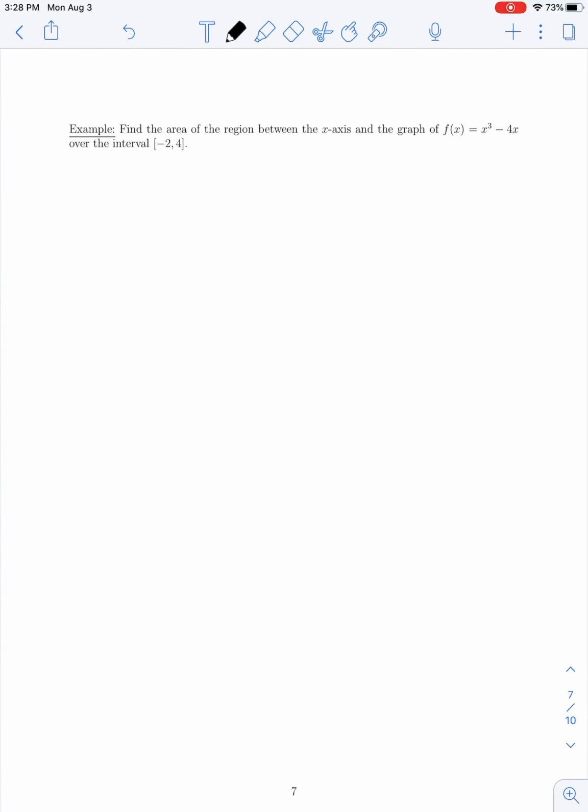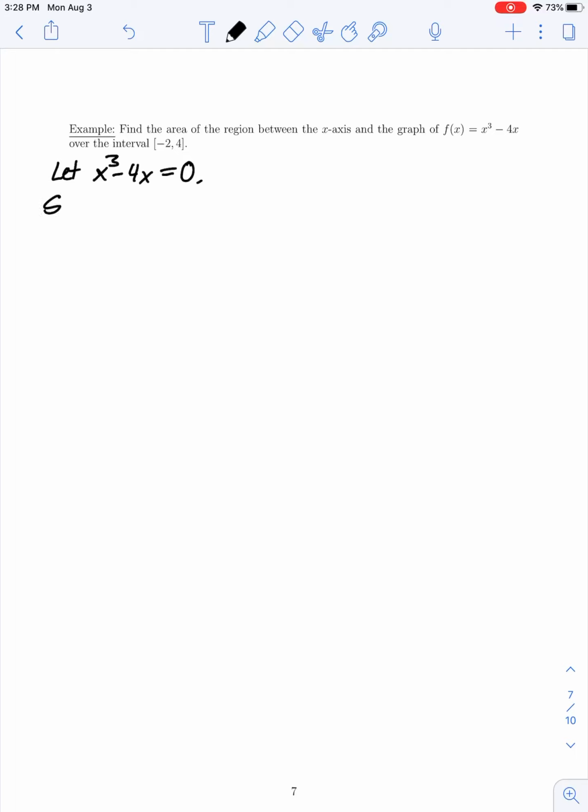So let's look at another one. Suppose that we want to find the area of the region between the x-axis and the graph of this cubic function, y equals x cubed minus 4x, over the interval from -2 to 4. So as with our last example, let's start by determining if it crosses the x-axis by setting our function, x cubed minus 4x, equal to 0.